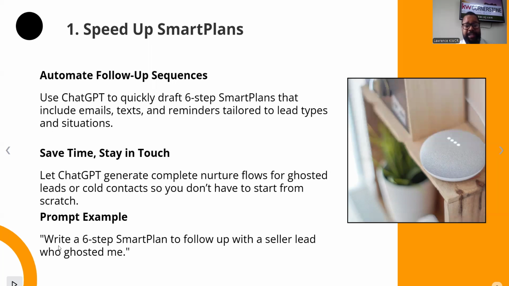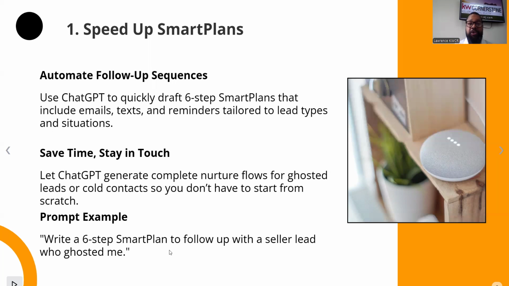Here's an example of a prompt: Write a 6-step smart plan to follow up with a seller lead who ghosted me. How often do we have a lead that we think is really, really good? We're contacting them and then we just don't hear back from them. In this regard, this is just an example anyway. We're going to send a smart plan to that person based on how they ghosted you.